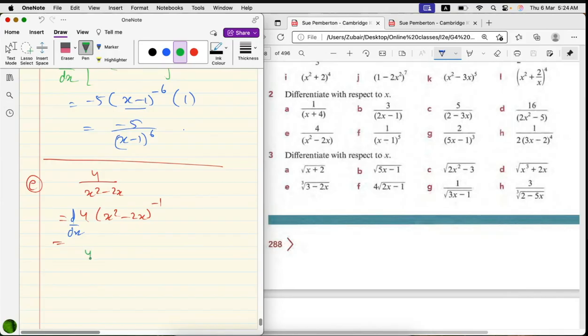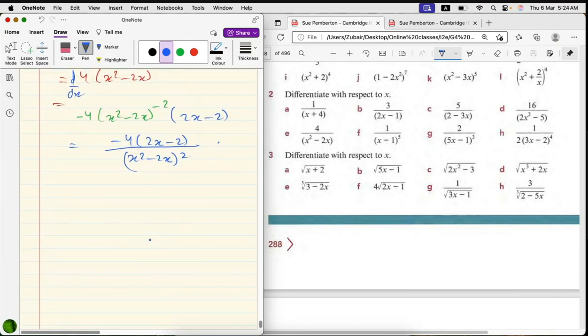I'm getting 4 into minus 1 times (x square minus 2x) raised to power minus 2, and into the differentiation, that's 2x minus 2. And I'm left with minus 4 into (2x minus 2) over (x square minus 2x) whole square. Is that okay? Yep.